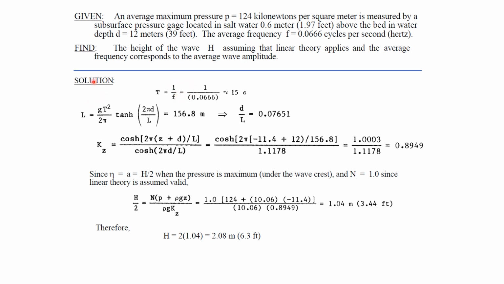Since we know the wave period, we can calculate the deep water wavelength, which depends only on the wave period, equals gT squared over 2 pi. And since we know the water depth is 12 meter, we are also able to find out the relative depth d over L, and in this case we have 0.07, which is close to shallow water condition.